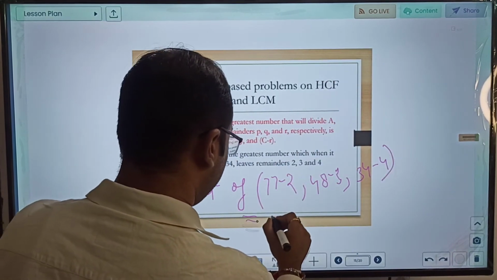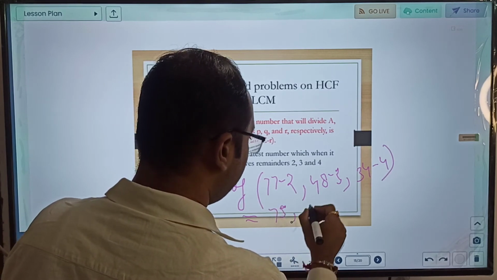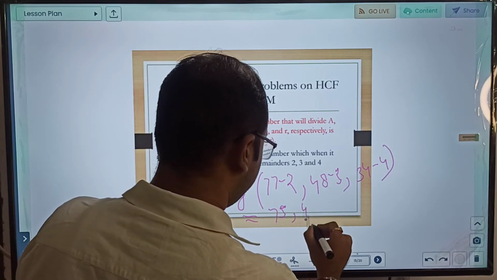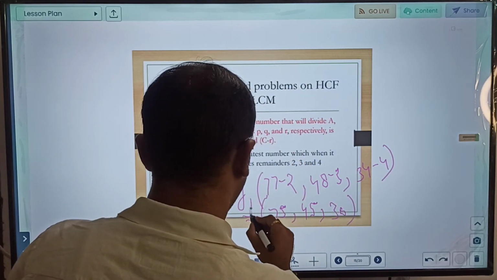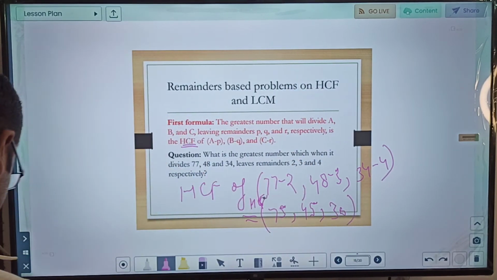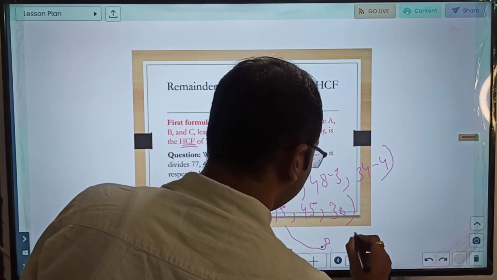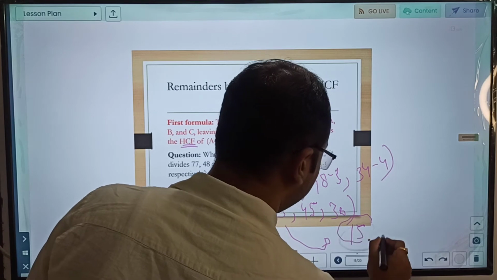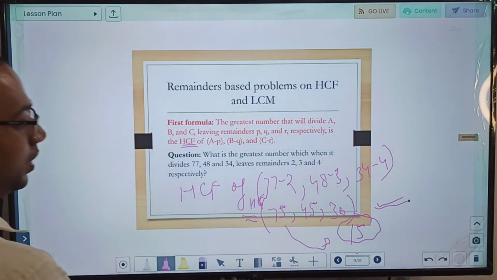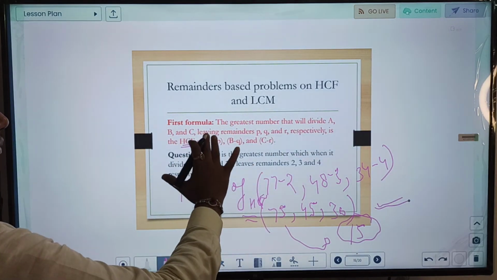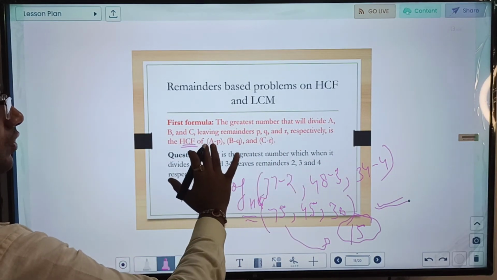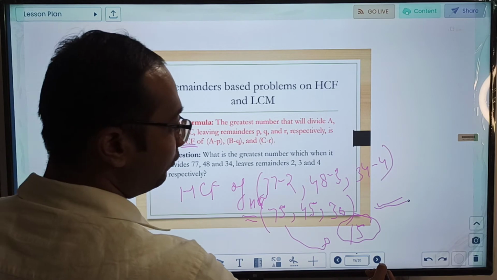So this is basically 77 minus 2 is 75, 48 minus 3 is 45, and 34 minus 4 is 30. We have to find the HCF of these three numbers, and when we compute it, the HCF will be 15, because all of them come in the table of 15. So this is the answer. So a simple application. When you have to find the greatest number which will divide three numbers and some remainders are given, just subtract them and find the HCF.